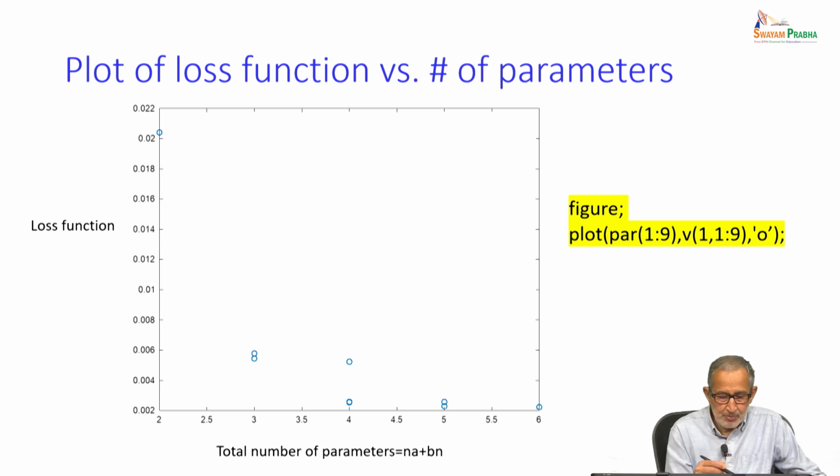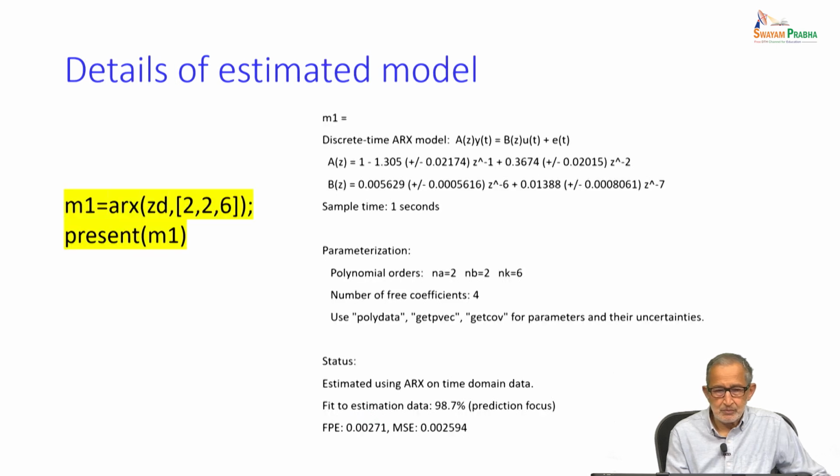So we plot the loss function, and it turns out the loss function is at its lowest value either here with 4 parameters or at most 5 parameters. So the details of the estimated model: here is the estimated A polynomial.